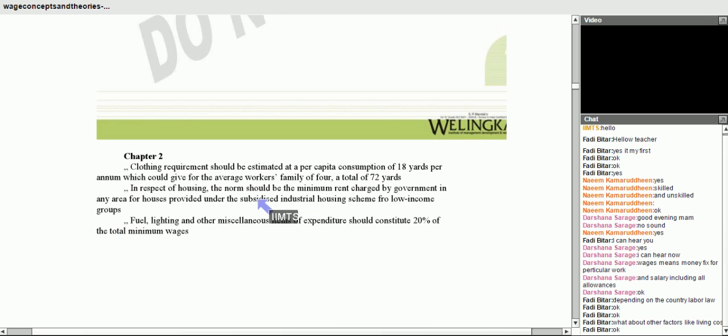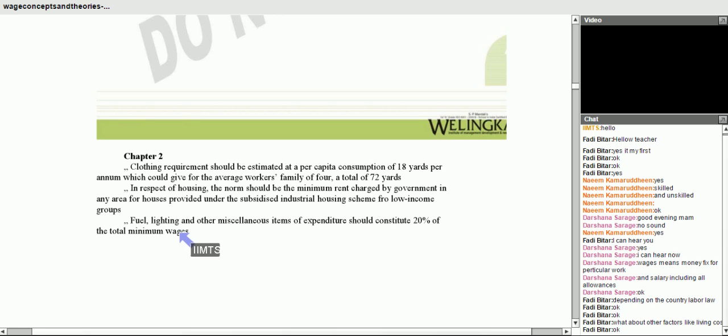So in respect of housing, the norm should be the minimum rent charged by the government in any area for houses provided under the subsidized industrial housing schemes for low income groups. So fuel, lighting and other miscellaneous items of expenditure should constitute 20% of the total minimum wages.